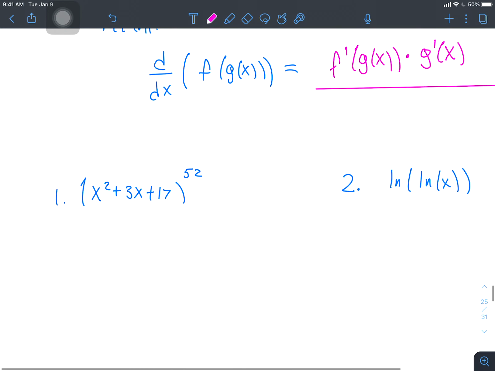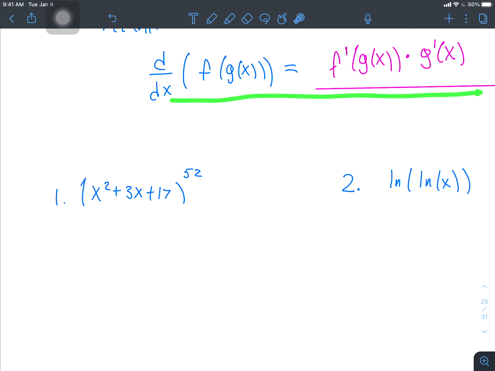So the first way I would do this would be to say, well, this is a composition of functions. I know I need to use the chain rule, and the first thing I would be doing on my paper is writing down this statement. That would be the first thing that I would do on this problem. And then I would write, which one's the inner function and which one's the outer function? Well, in this case, the inner function is the one that's inside the parentheses, right?